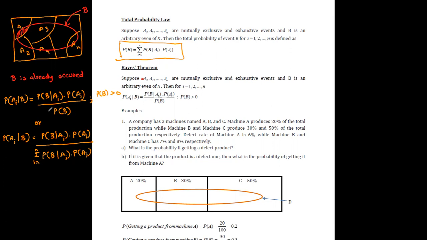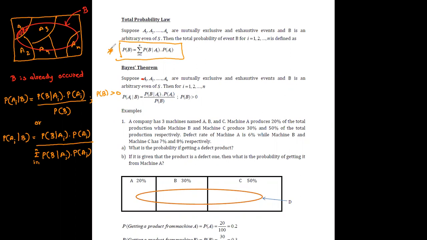If you know the total probability of this event B, then you can use this equation. Otherwise, if you do not know the value of the total probability of B, then you have to replace it using this equation, which is obtained from the law of total probability.